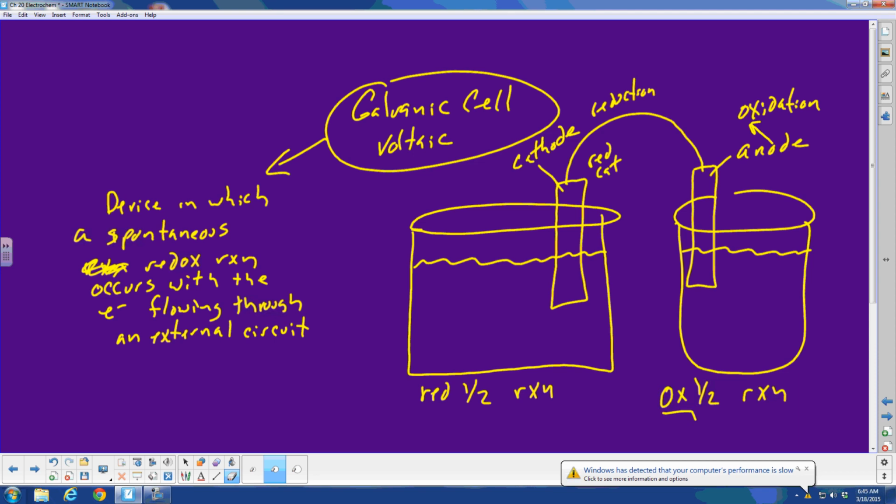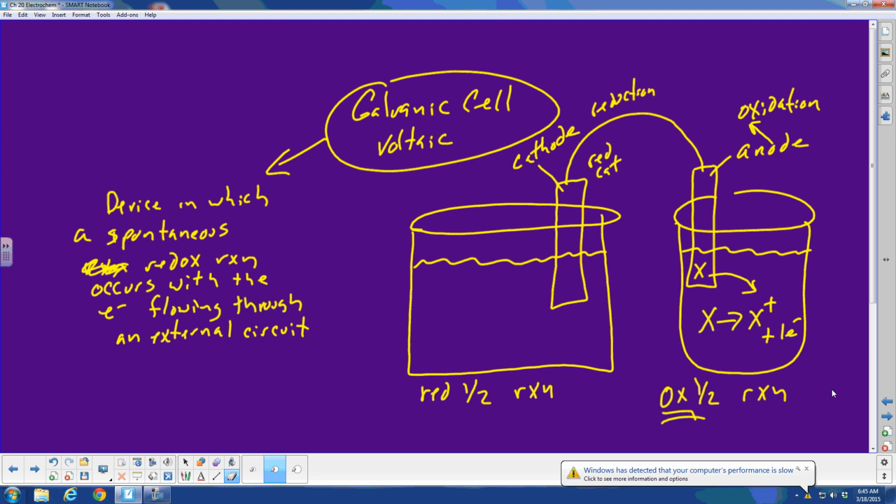Well, what happens during oxidation? I'm going to have X go to X plus, right? That's oxidizing. And it creates an electron, right? So my X is my solid electrode, my anode. It is going into solution.